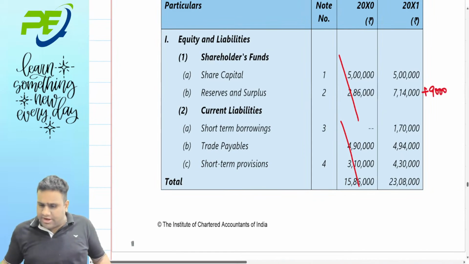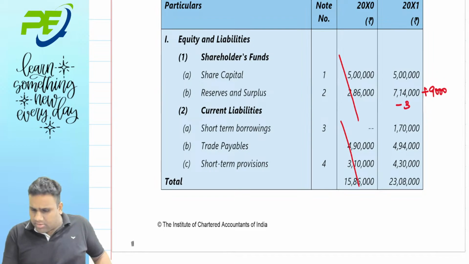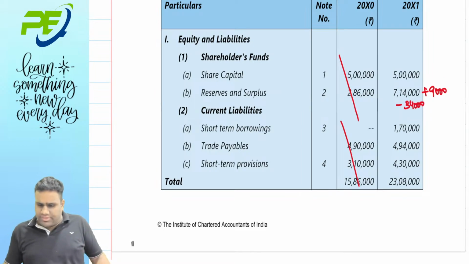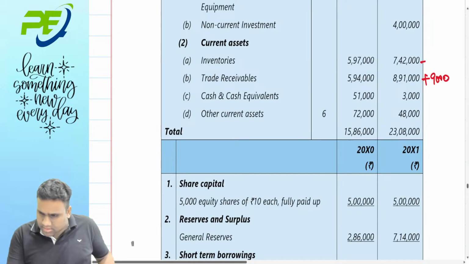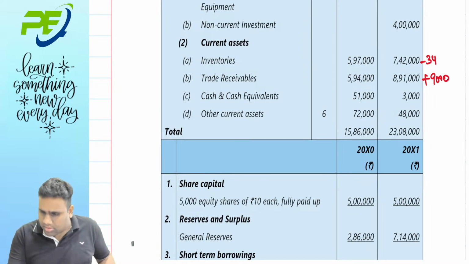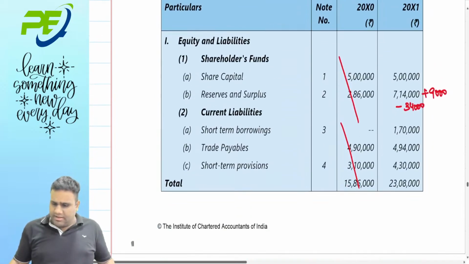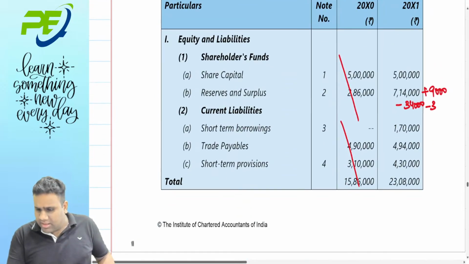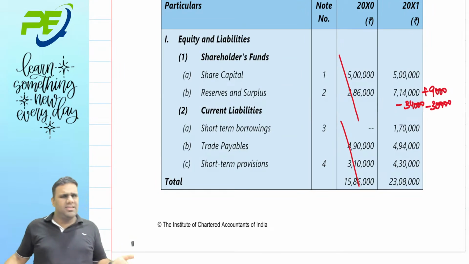Then stock we have reduced, and we have also reduced in reserves and surplus 34,000. Prepaid expense we have subtracted from prepaid expenses, and here also we have subtracted from prepaid expenses. Everyone, when assets and liabilities, you are doing the same thing, automatically it will tally.